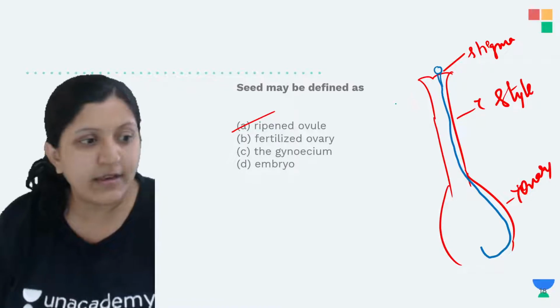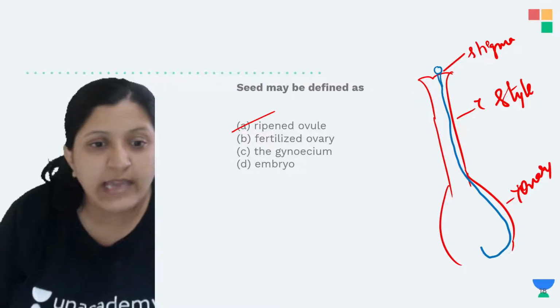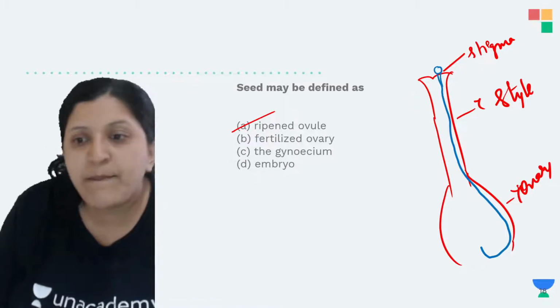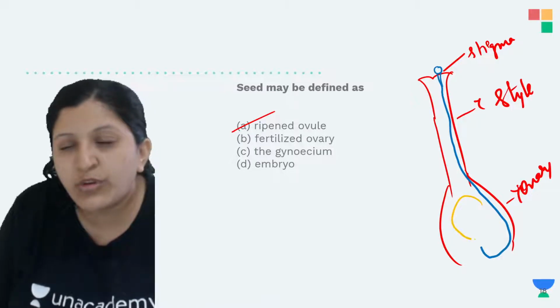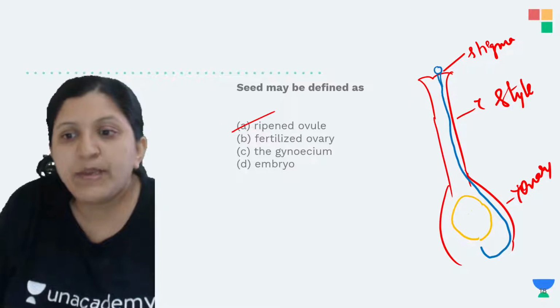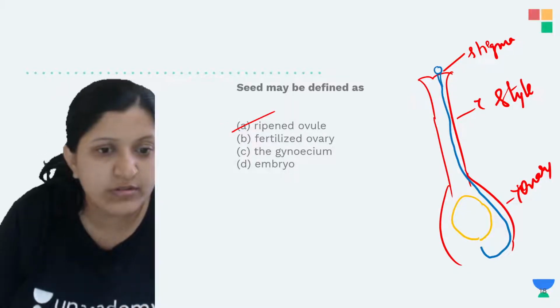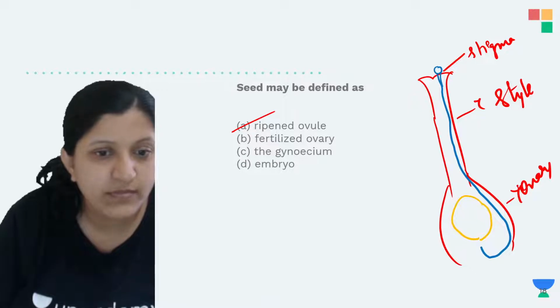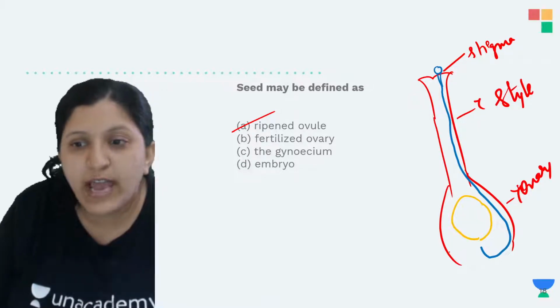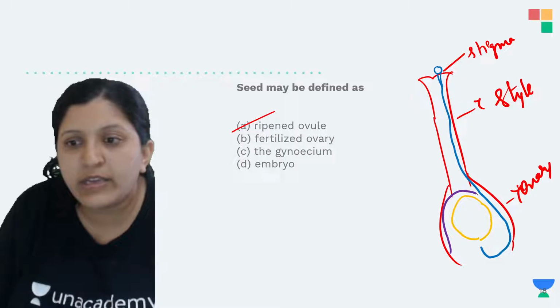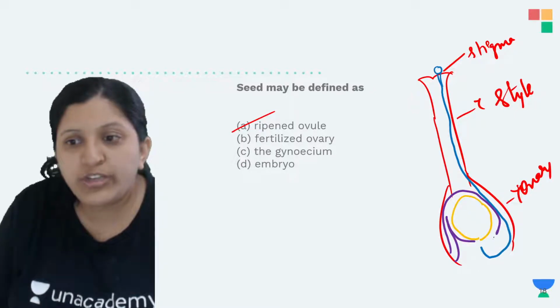Inside this there is an embryo sac. Attached to this you can find an ovule which is arranged.